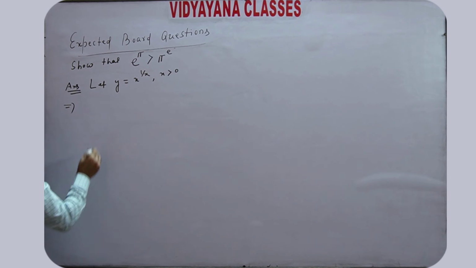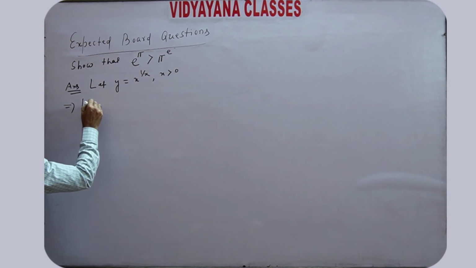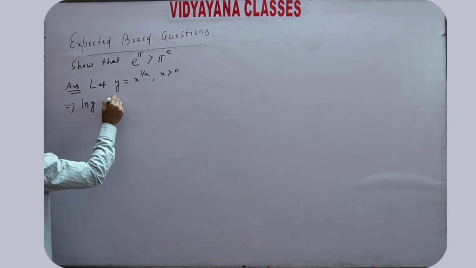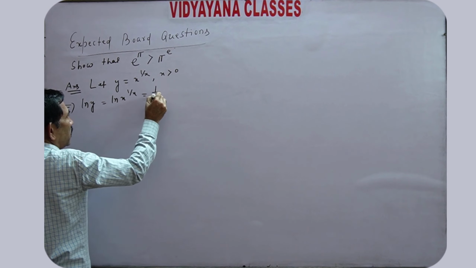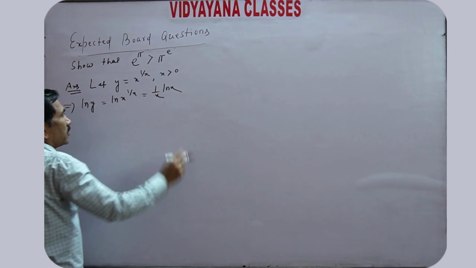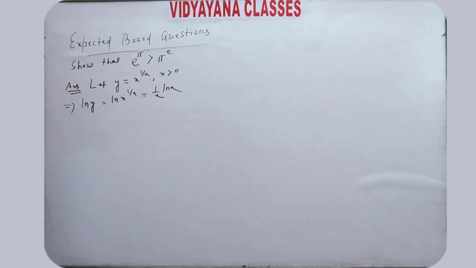Taking ln on both sides, it implies ln y is equal to ln x to the power 1 by x, which is equal to 1 by x ln x. Ln x means log x with base e.